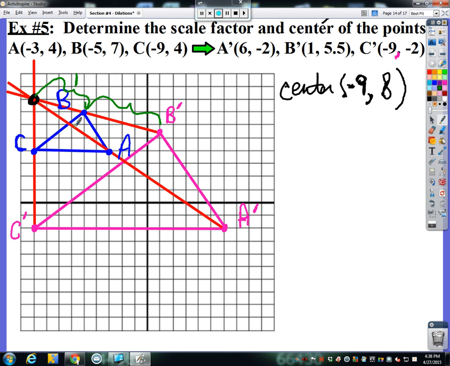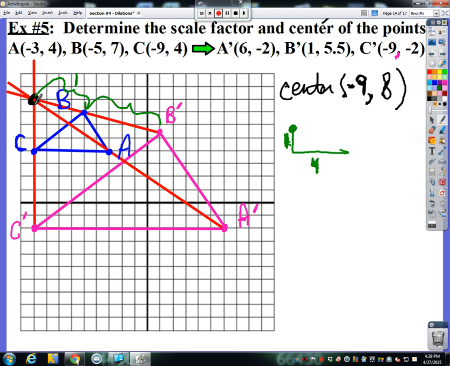Well, I'm going to use the idea of slopes. So from the center of the dilation to point B, I'd have to move down 1 and right 4. So down 1, right 4. And then let's see what I would do to get from the center to B prime.